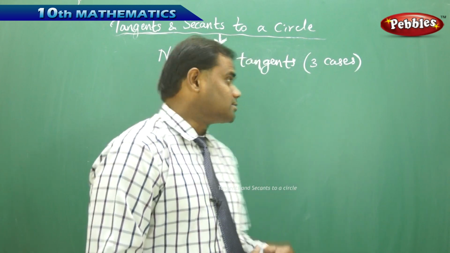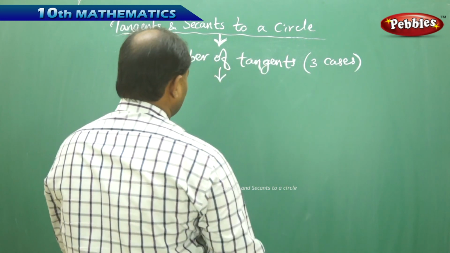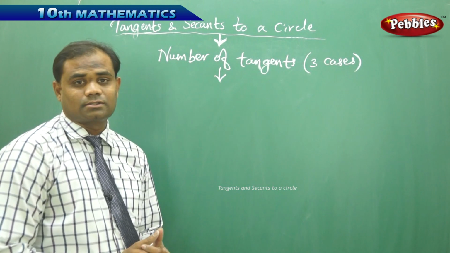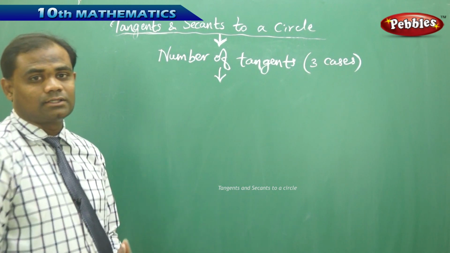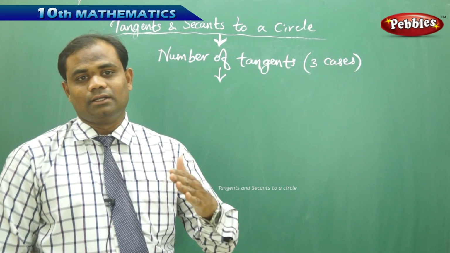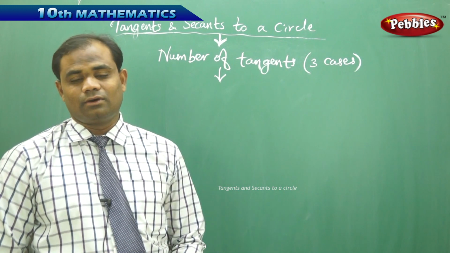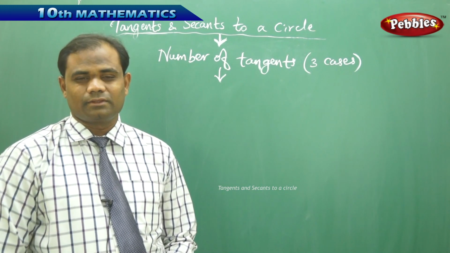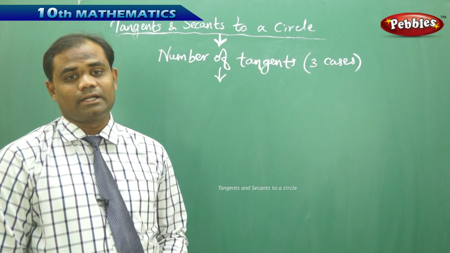Now there are three different cases which I am going to consider here for the number of tangents. The three cases being that if the line is cutting the circle, if the line is not cutting the circle, or if the line is touching the circle, then we'll see how different points arise.